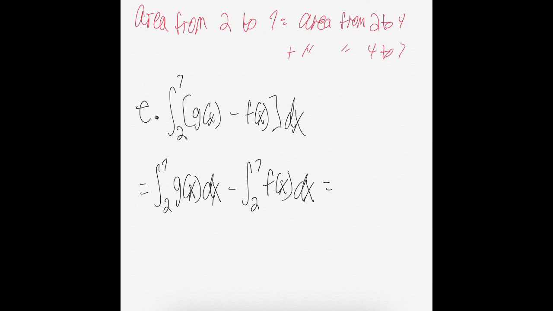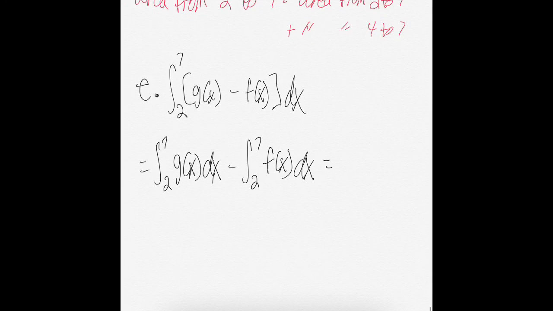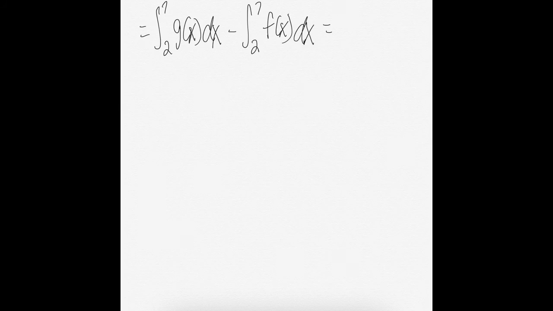Well, as you would expect, I'm not going to write out a fancy rule for this, but this is the same as the integral from 2 to 7 of g of x minus the integral from 2 to 7 of f of x. Okay? So I can split up this integral just like we've done before whenever we were adding and subtracting things. We can do the same thing whenever we stick bounds on it. That's basically what this is saying.